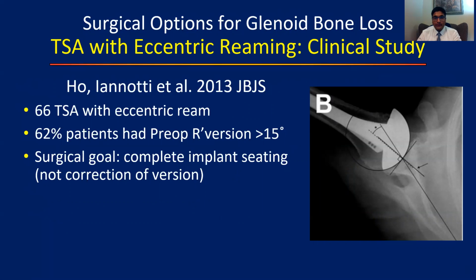Ho et al. in 2013 looked at 66 patients who were treated with total shoulder arthroplasty and eccentric reaming for glenoid bone loss. 62% of the patients in their series had a retroversion more than 15 degrees. One of the key factors of the methodology was that the surgical goal was complete implant seating with eccentric reaming. It was not to correct the amount of retroversion.